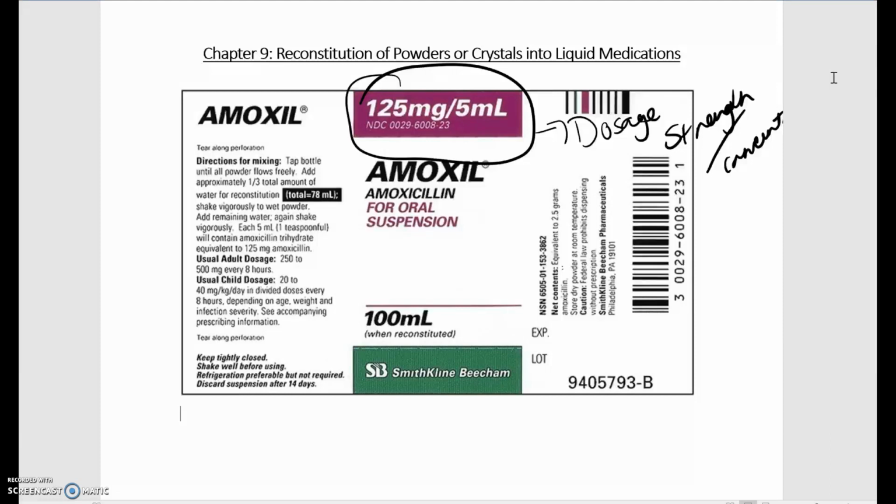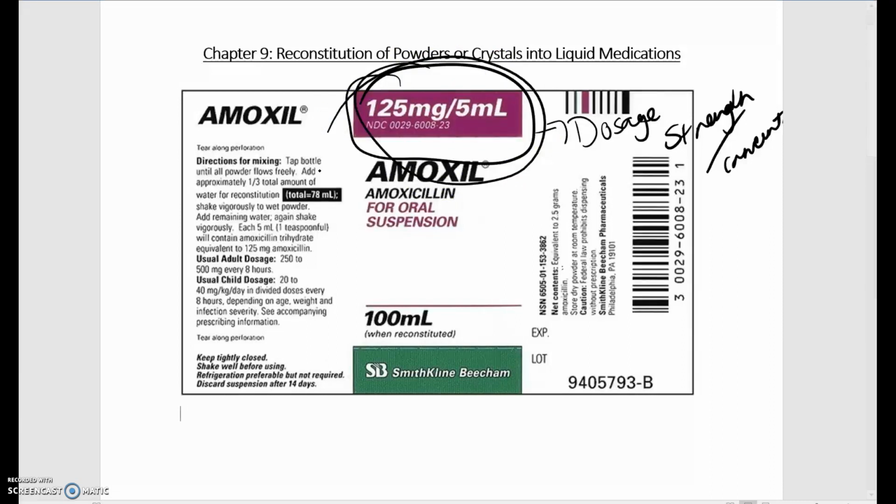But when we work in the pharmacy department, it is not in its liquid form. We, as the pharmacy staff, have to reconstitute, in other words mix, the medication with a diluent. The diluent can be water, sterile water, distilled water, or sterile water for injection. That diluent is added to the powder to get to this dosage concentration.